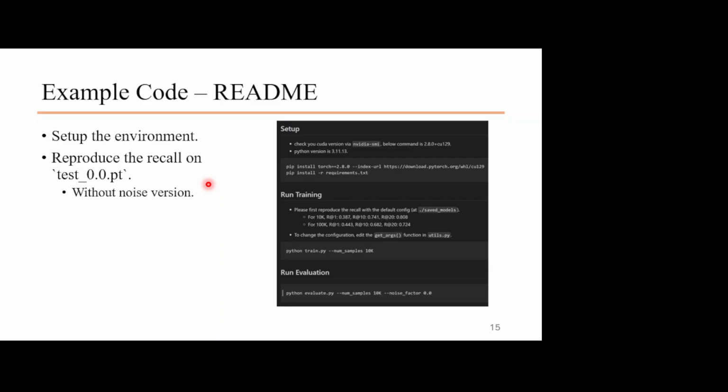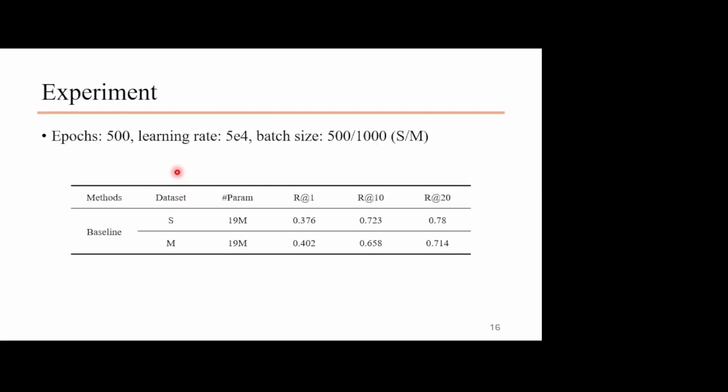And second note is that the test set is not the real test set. It is only used to check whether your code works correctly. Okay, and this table shows the baseline performance on the two test sets, and these test sets are the real ones.